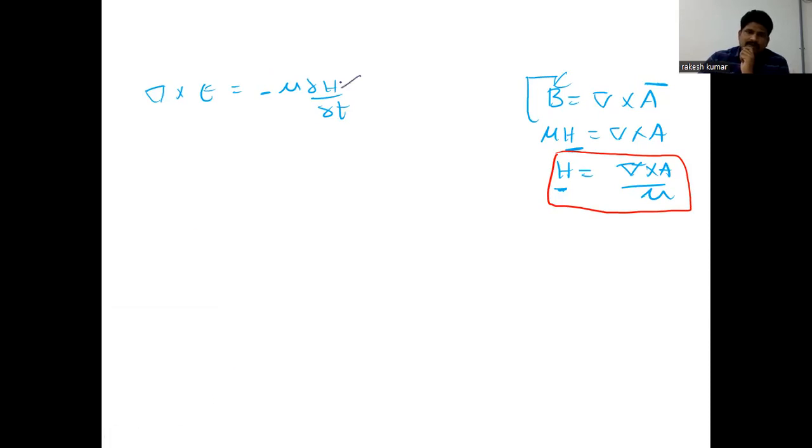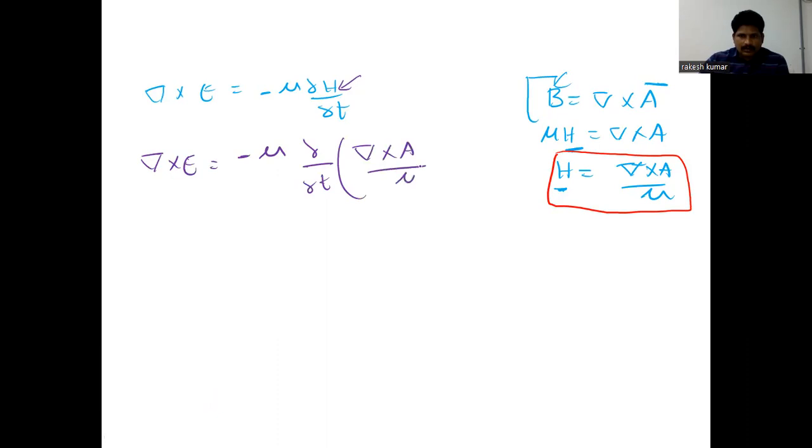So in the place of H, simply substitute that. Del cross E is equal to minus mu into dou by dou t of del cross A by mu, where the mu may get cancelled.